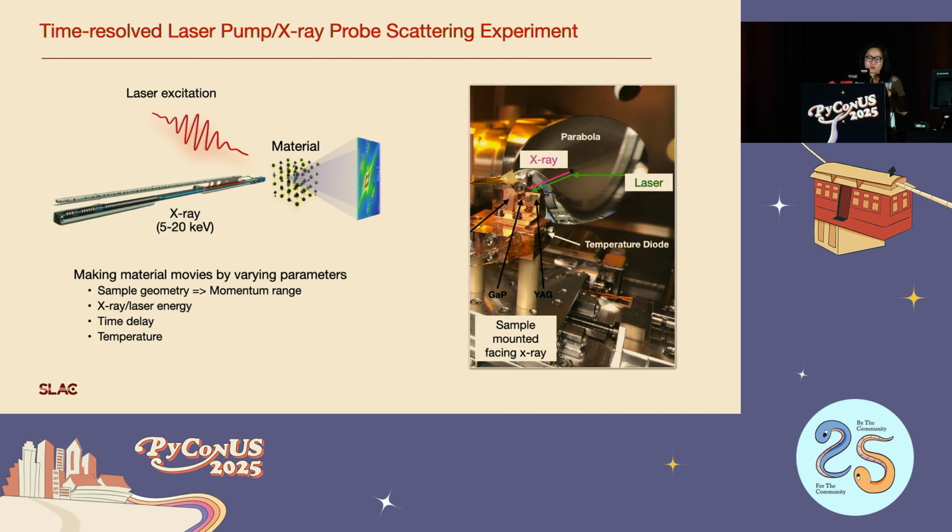So now the laser does what it needs to do, and the X-ray acts as the camera that comes in and takes pictures of how the electrons and the atoms respond. In order to carry out one of these experiments, it takes quite a long time.